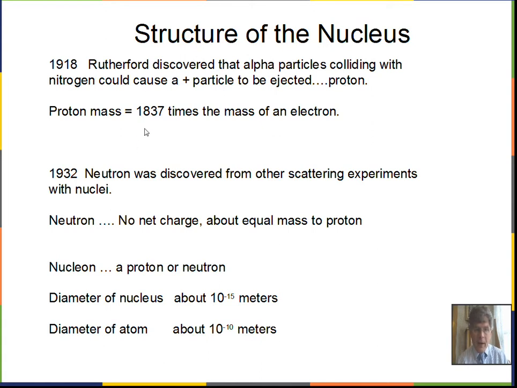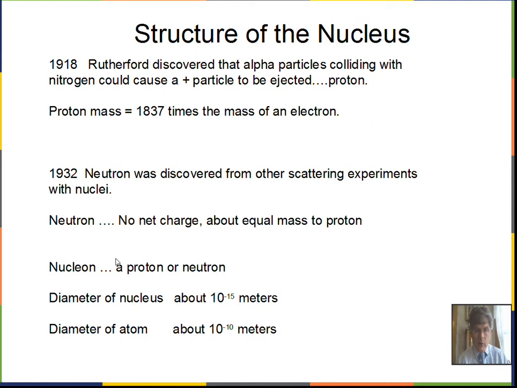And the proton is roughly 2,000 times the mass of the electron. It's significantly more mass. Then further on the structure of the nucleus, other scattering experiments showed that neutrons could be ejected from the nucleus, the neutron having no net charge and having a mass about equal to the mass of the proton. So those are the two objects that are found in the nucleus, the proton and the neutron.